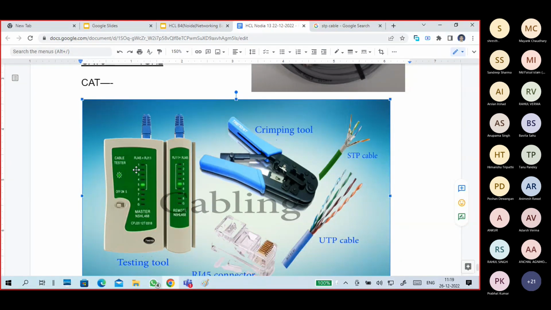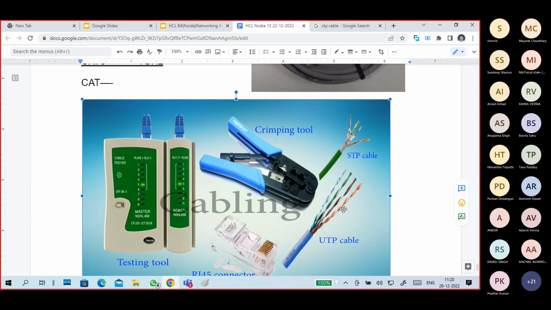The LED blinks 1 1, 2 2, 3 3, 4 4, 5 5, 6 6, 7 7, 8 8. Then we understand it is a straight cable and it is working. If one is blinking, two is blinking, three is not blinking, four is blinking here but not blinking there, five is blinking, six is blinking but not blinking here, then we can understand there is a problem with the cable.